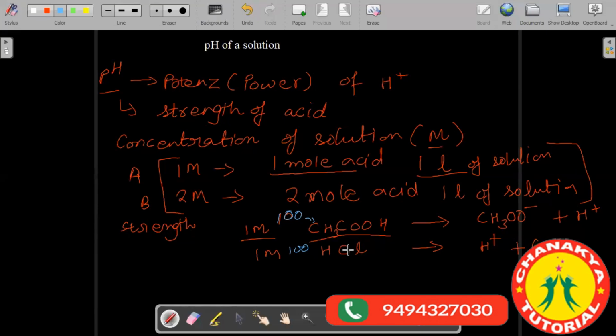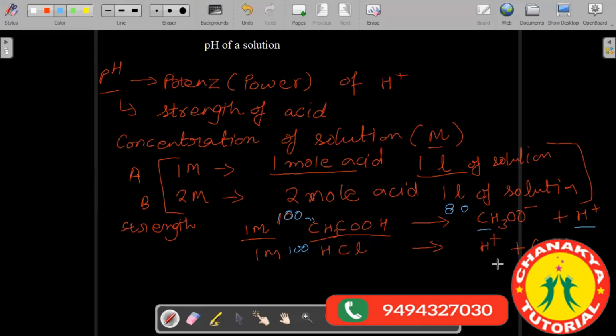Out of this 100, suppose you have 80 molecules of acetic acid dissociating to give acetate ion and H plus ion.